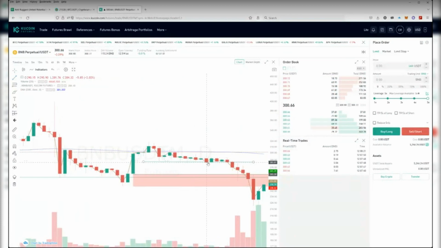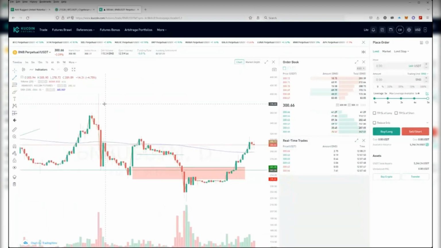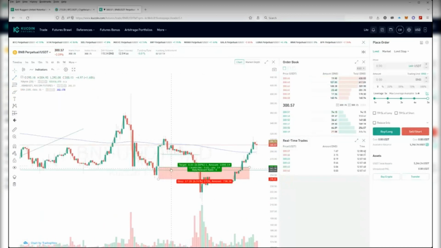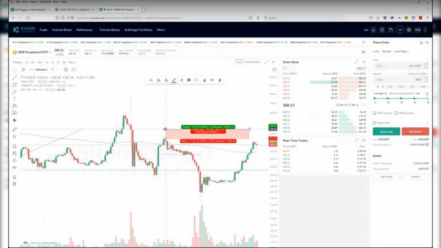Once it hit my stop loss right here, I would have been closed out. I would have only ended up with a slightly better than 1-to-1 risk reward ratio. But who knows? If it never hit, it would have gone up to here. Then I could have made a lot more money, right? You never know. So that's how I like to close it.